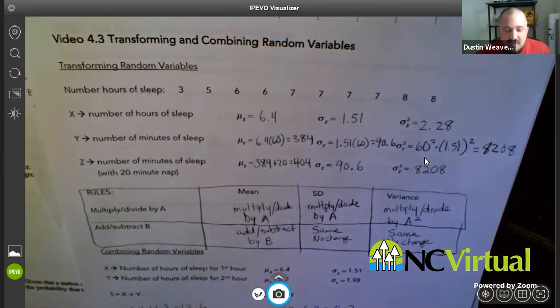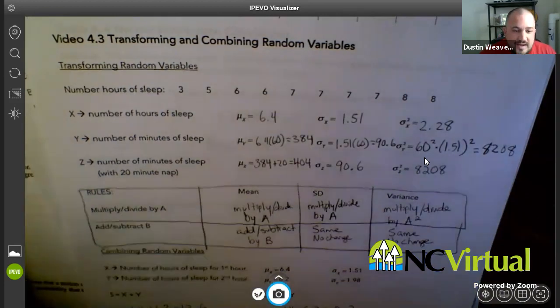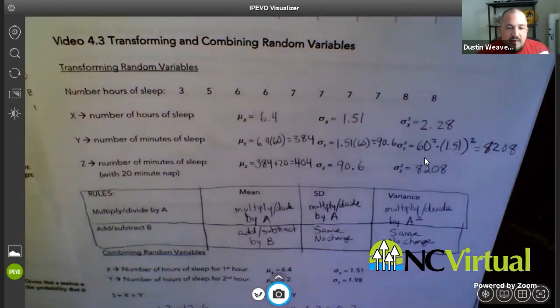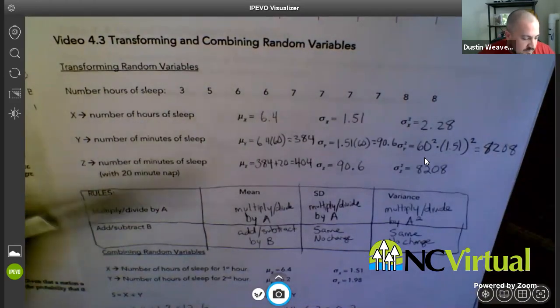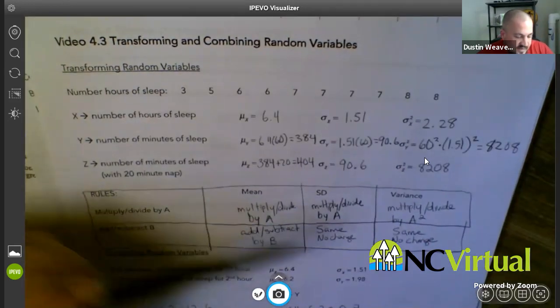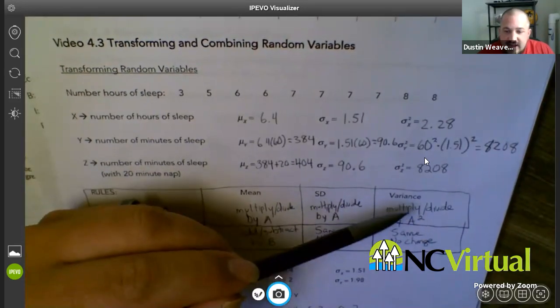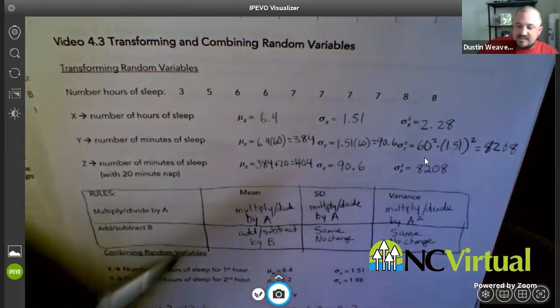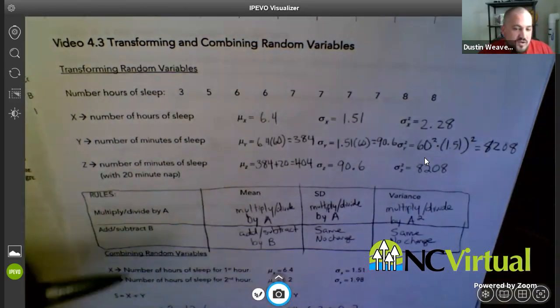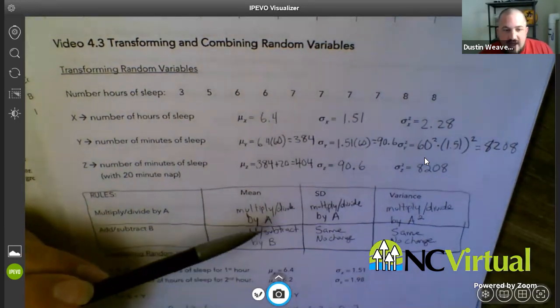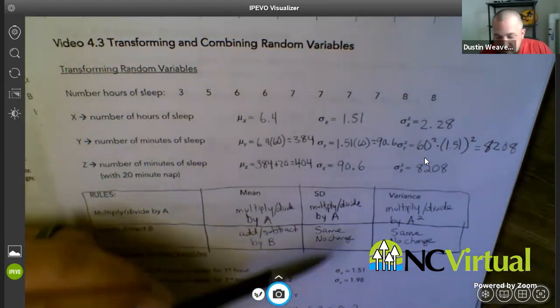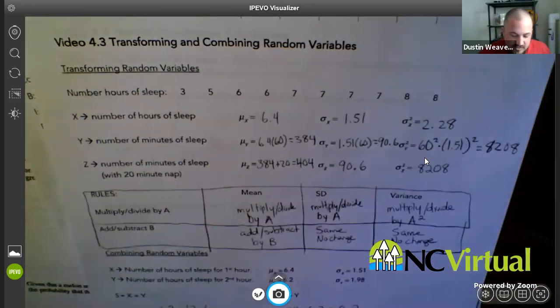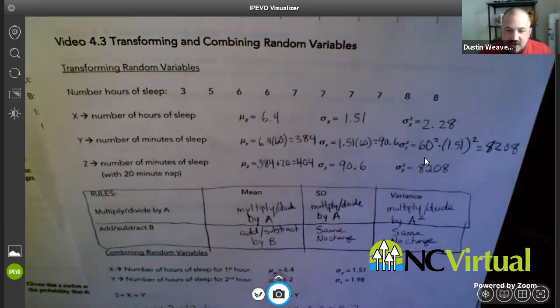When we talk about transforming random variables, when you multiply or divide by a variable, you multiply or divide the mean, but for the standard deviation and variance you would multiply or divide by a squared, because the variance is the standard deviation squared. When you add or subtract, you would add or subtract the actual mean, but the standard deviation and variance would not change at all.